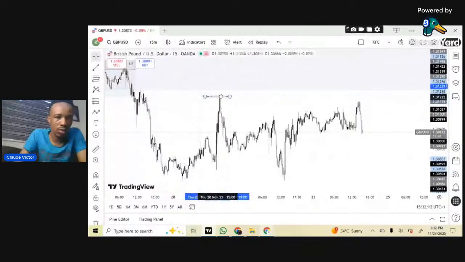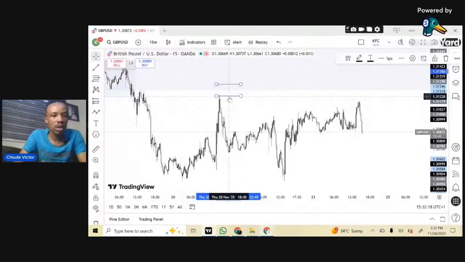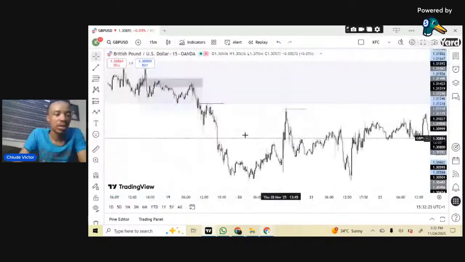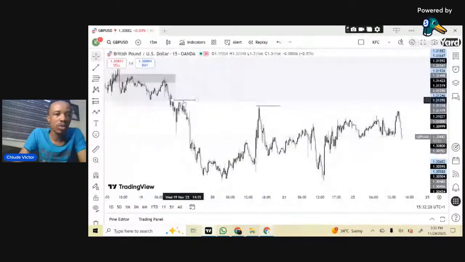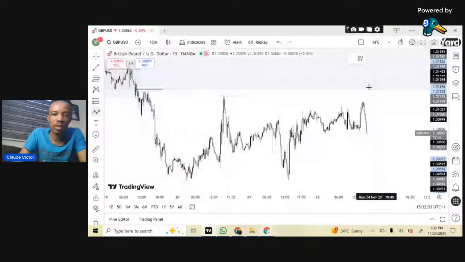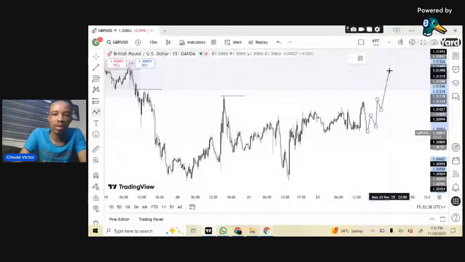If it can take out this level, then we can confirm fully that the bullish move should come up to this point. Expect it to do something like this. If it does that, then a market structure shift will confirm that we're coming here.